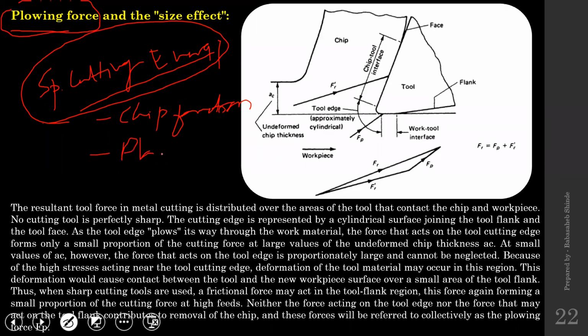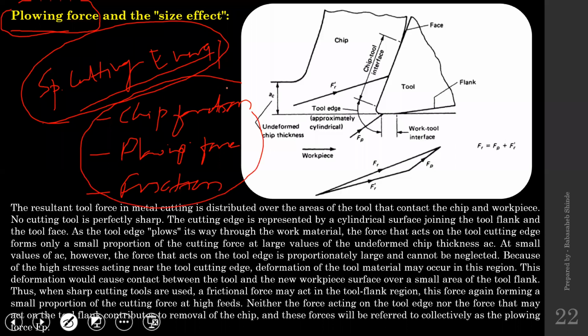Second one is flowing force. And third one is friction. So these three phenomena are going to consume this specific cutting energy. Friction is the friction between the cutting tool and work surface.